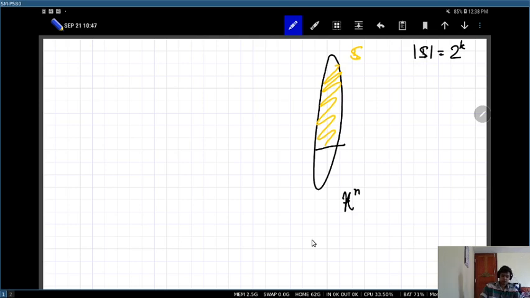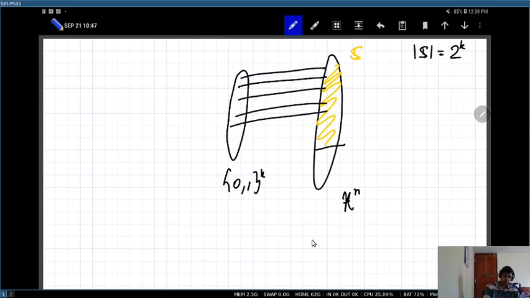So the set of reconstructible sequences has size 2 to the k, and once you describe S, the compression and decompression algorithm becomes almost completely specified, because a good compression algorithm should be a one-to-one map from 0 1 to the k to S. It can be any one-to-one map, because for every one-to-one map from 0 1 to the k to S, the probability of error remains the same and the rate also remains the same, right?